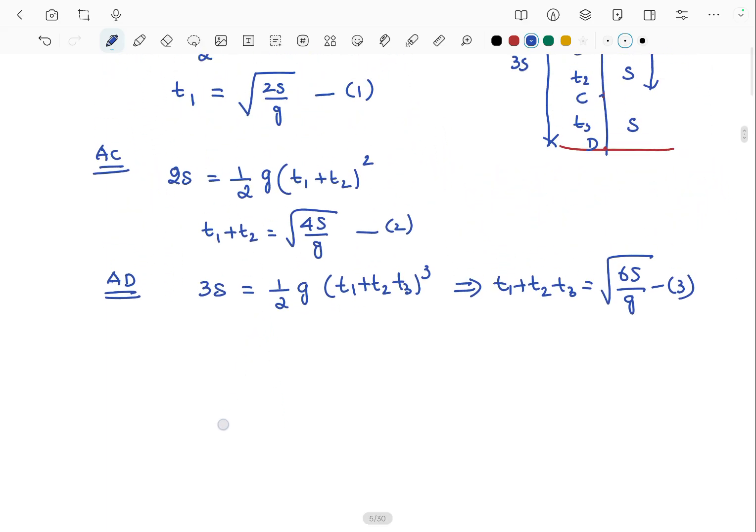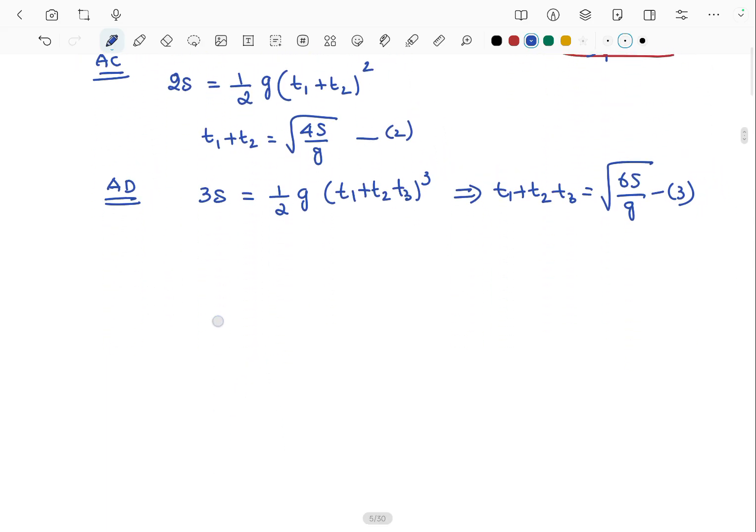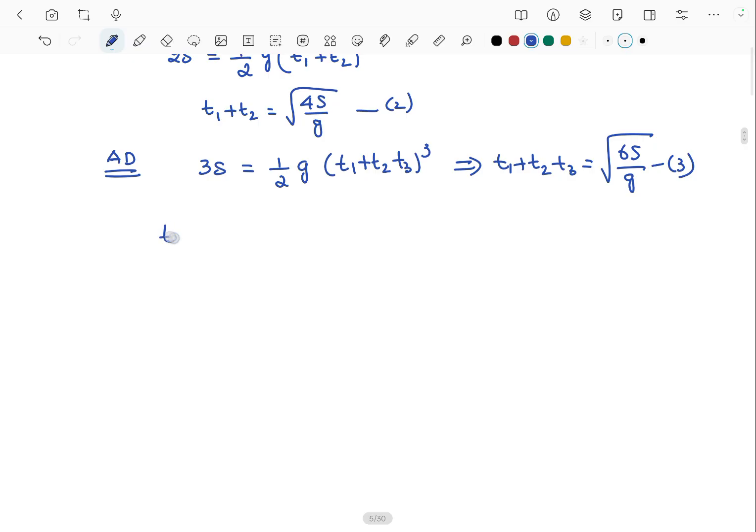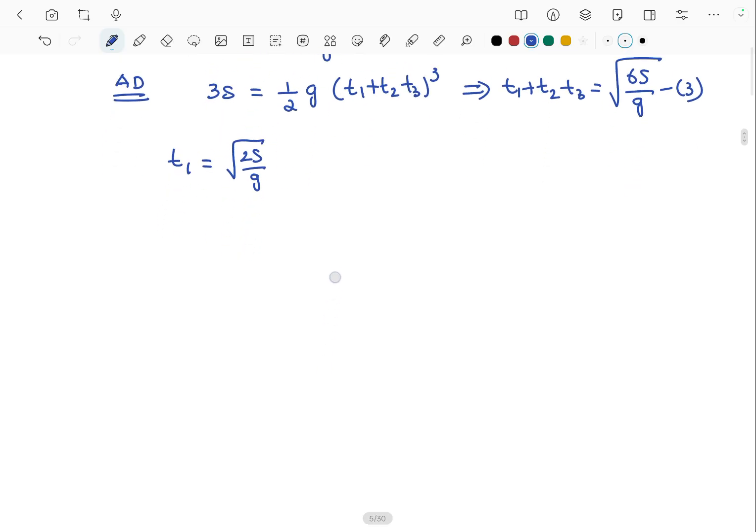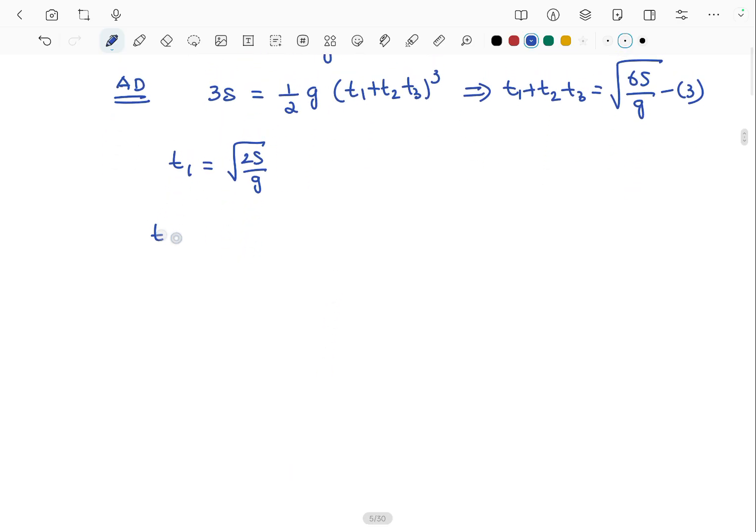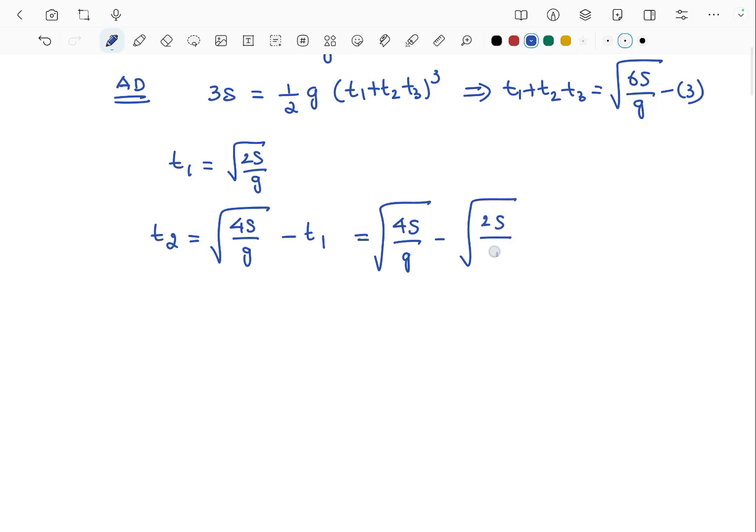So now we are supposed to get the ratio of T1, T2 and T3. Since we know already that T1 will be equal to square root of 2S by g, how do we write T2? T2 will be equal to square root of 4S by g minus T1, which is square root of 4S by g minus square root of 2S by g.